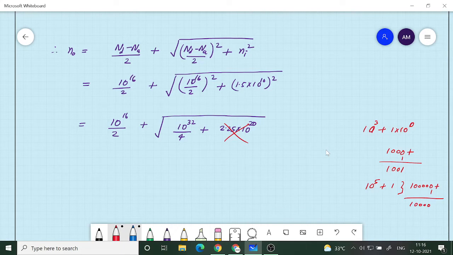If you have 12 orders of magnitude difference, you can imagine you are adding a 1 followed by 12 zeros and then adding a 1 to it. It hardly matters, this second addition hardly matters, right?